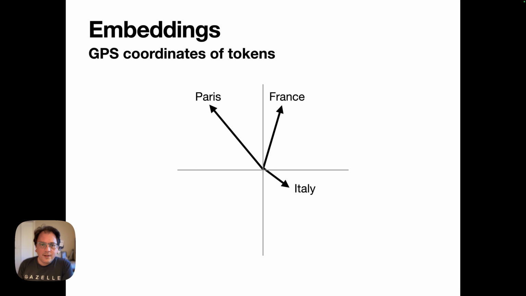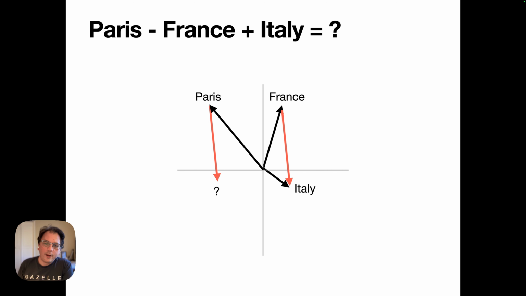The interesting thing is that you can do math with these vectors. For example, you can take Paris, minus France, plus Italy. So you subtract France from Paris and then add Italy. That result is a position where the question mark is placed. And if you look at what word is in that position, you probably guessed it by now, that word is indeed Rome.